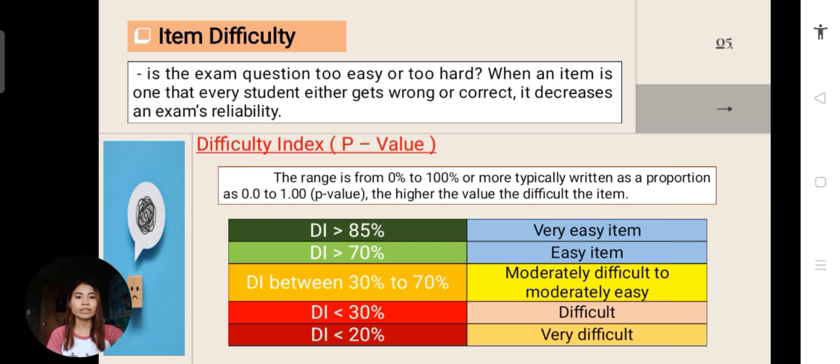When the difficulty index is greater than 70%, it is an easy item. When the difficulty index is between 30% to 70%, it is moderately difficult to moderately easy. When the difficulty index is less than 30%, it is difficult. And when it is less than 20%, it is very difficult.